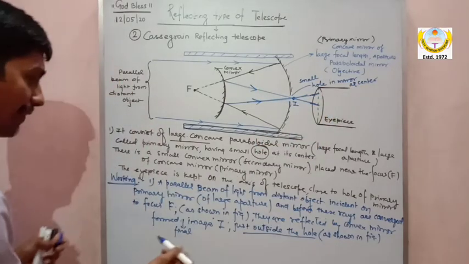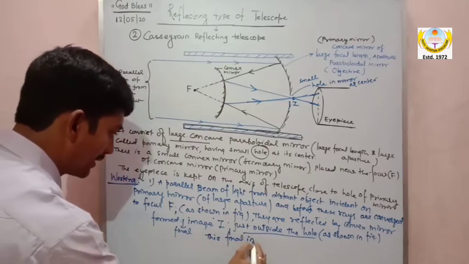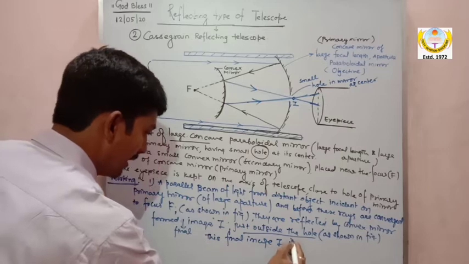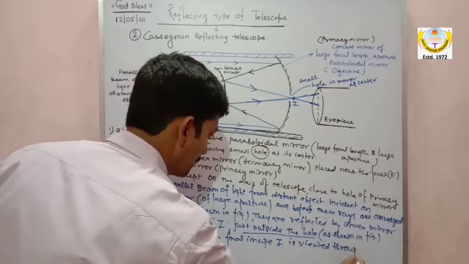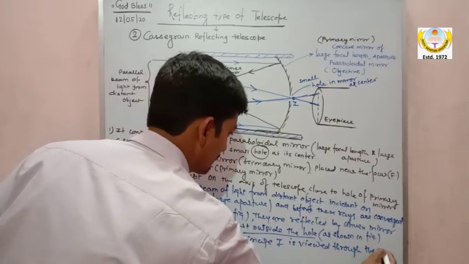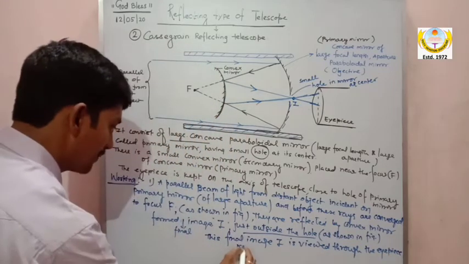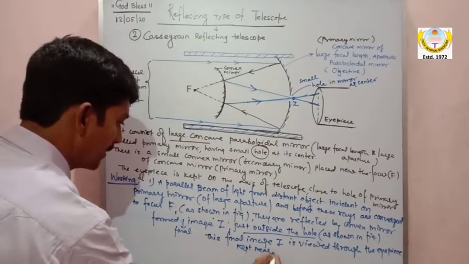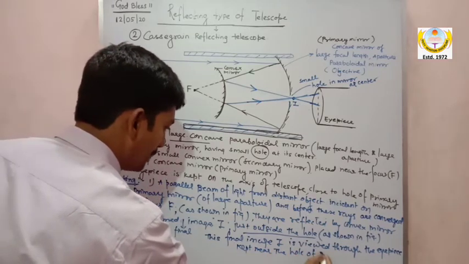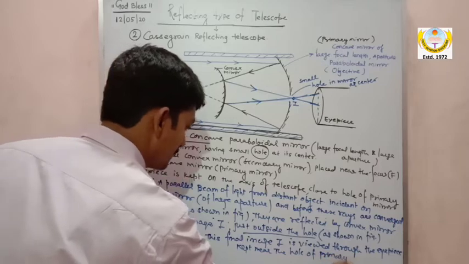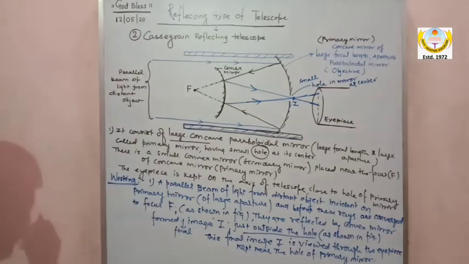So the last line I can write: this final image I is viewed through the eyepiece kept near the hole of the primary mirror. I hope the topic is clear to everybody.